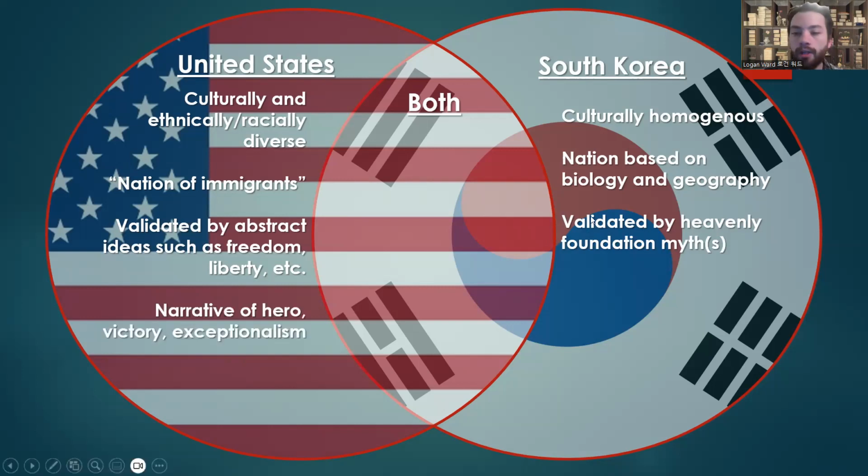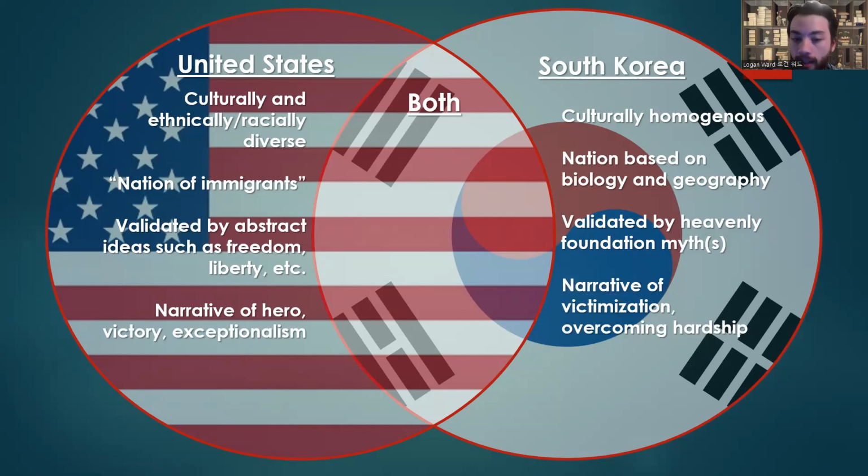And then one of the big differences that we have probably already seen in our class is that the United States gives itself the narrative of the hero, the victorious one, the exceptional one, right? Whereas South Korea often plays the victim card, right? There's some truth to both of these narratives, but both of their histories are very much interpreted based on this outlook, right?